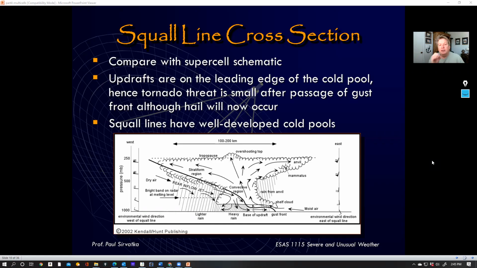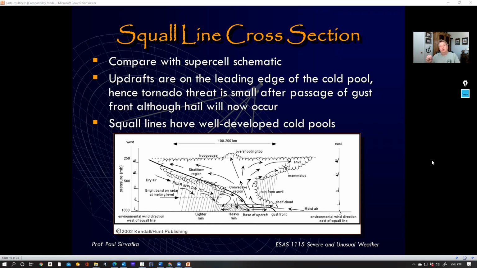And I just want to underscore the need to know the difference between how you experience a supercell, where usually the tornado is on the rear side of the storm, as opposed to a squall line, where it is on the forward, leading side. We had a big derecho this summer, and we had a number of tornadoes in it.